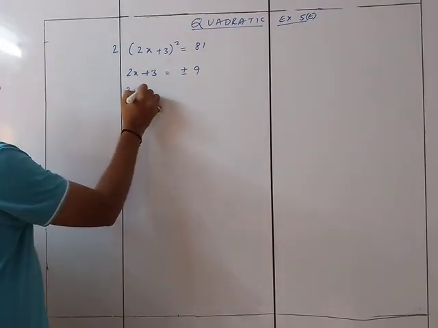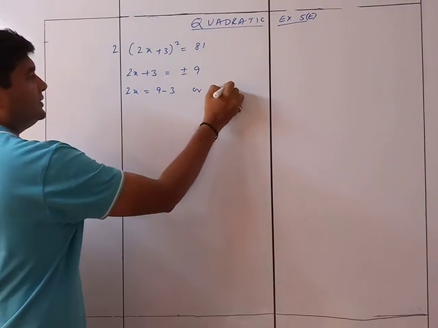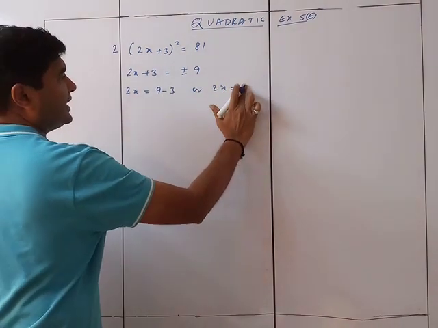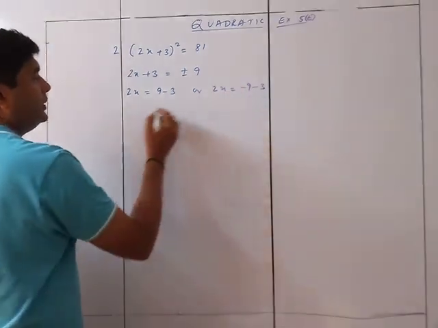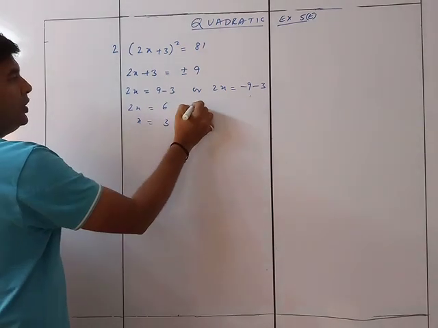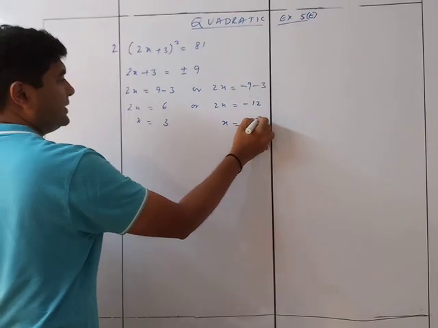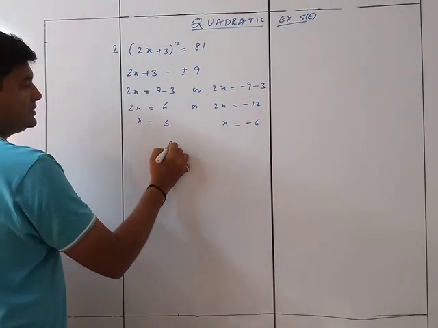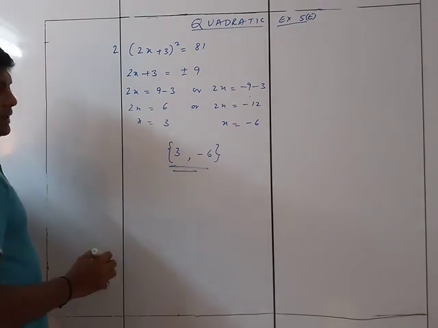So that will be 2x is equal to 9 minus 3, or 2x is equal to minus 9 minus 3. That gives me 2x is equal to 6, x is equal to 3, or 2x is equal to minus 12, x is equal to minus 6. So the answer will be 3 or minus 6. Okay, simple sum.